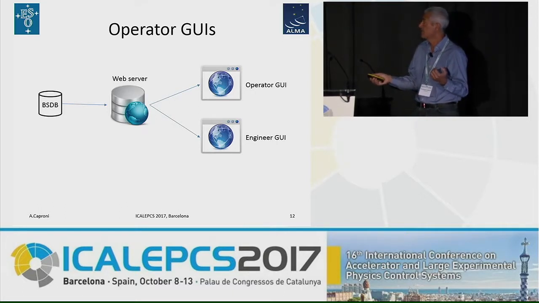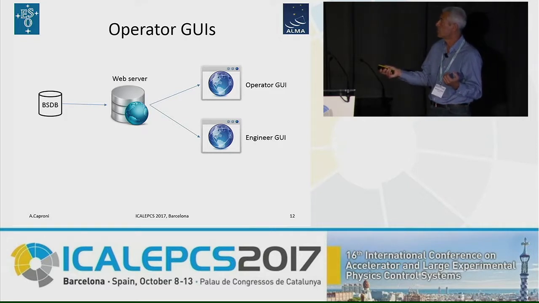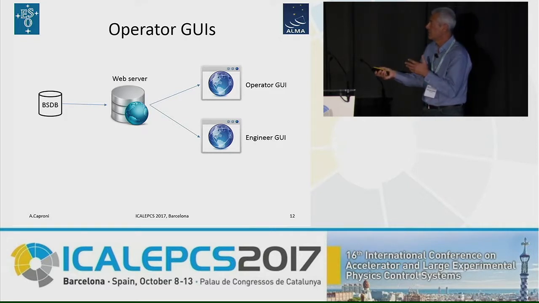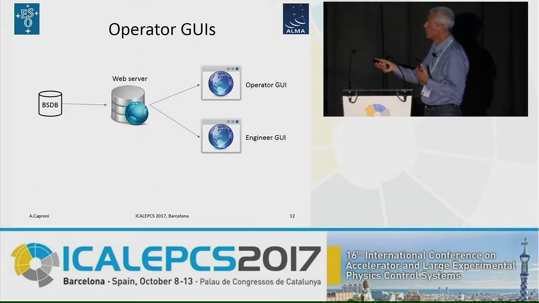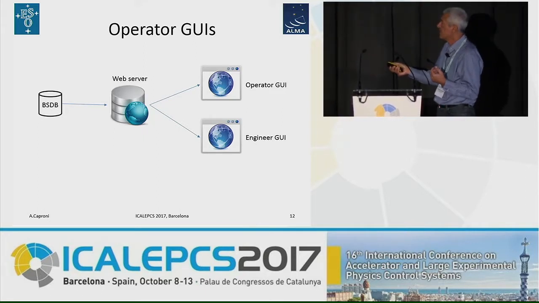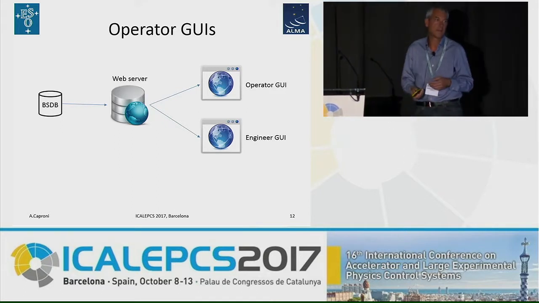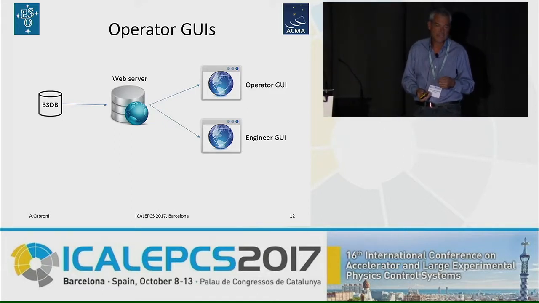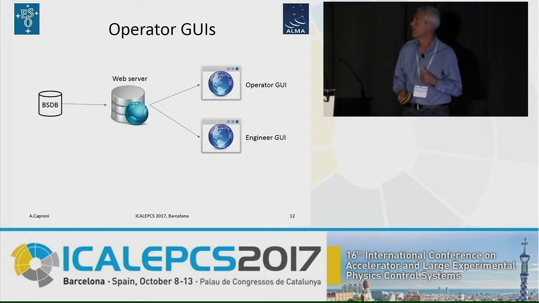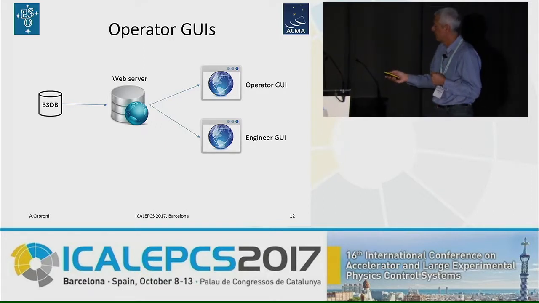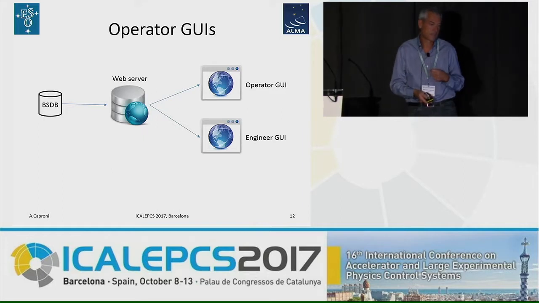The web server is in charge of preparing and giving the data to the operator GUIs running in the browser, and is also accepting commands from the operators who are allowed to do that. So the commands like acknowledge an alarm or shelve an alarm must be done by operators.